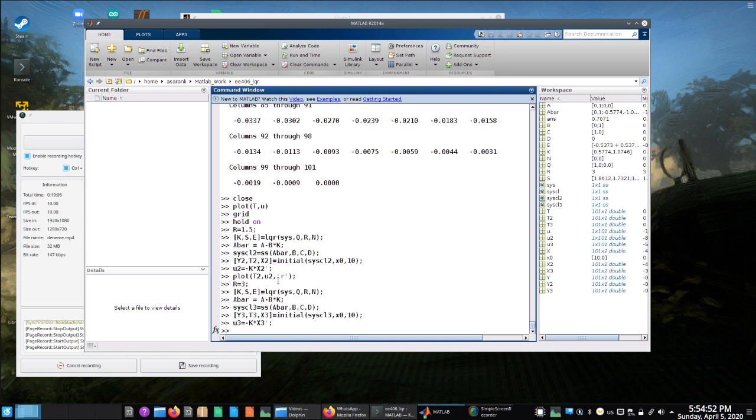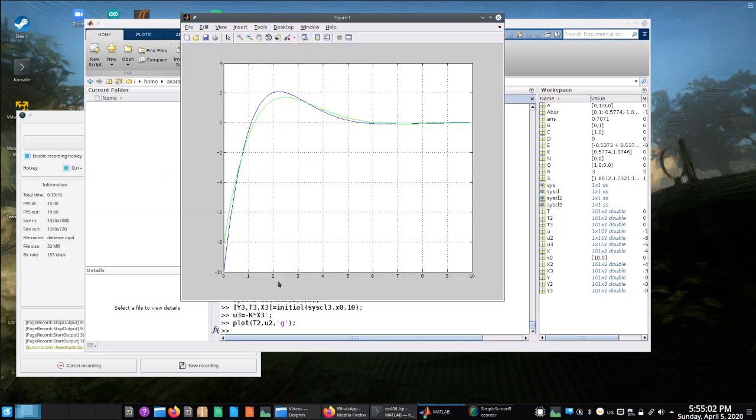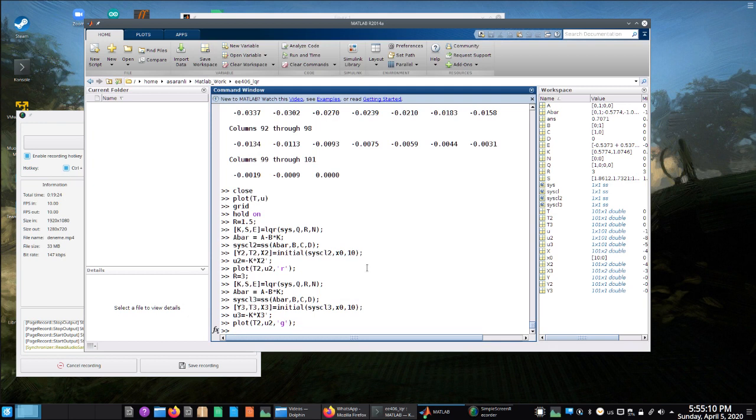Okay, and I'm gonna plot again on the same curve. Now maybe we can use green. Okay, I'm not sure whether I was able to, did I? Hold on. Oh, sorry. Okay, so this was the same plot.